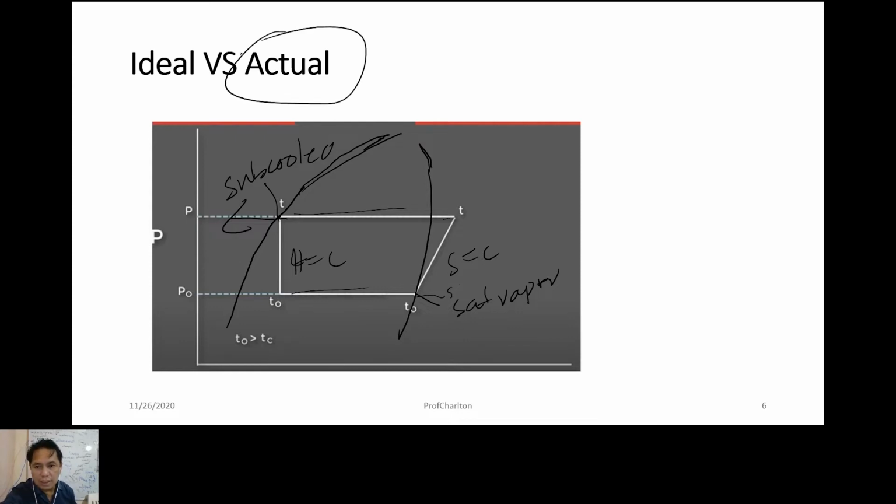In actual practice, subcooled and sometimes superheated at the entrance of the compressor, like the one we had a while ago. So here, sometimes it goes beyond because of some cooling. So the refrigerating effect is being improved.